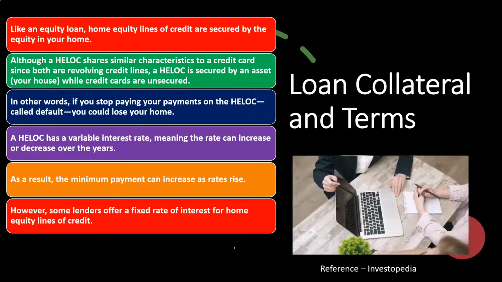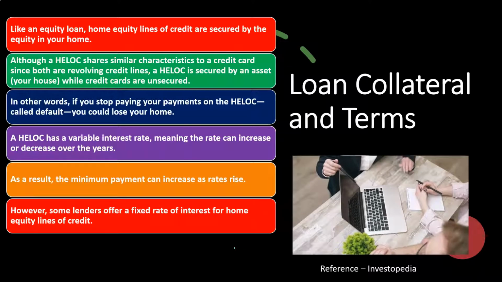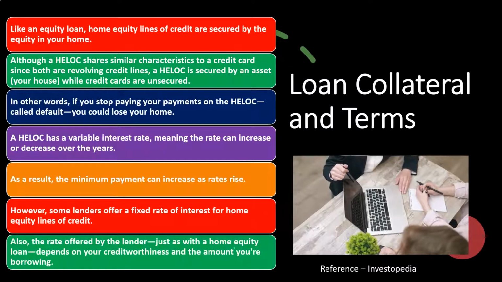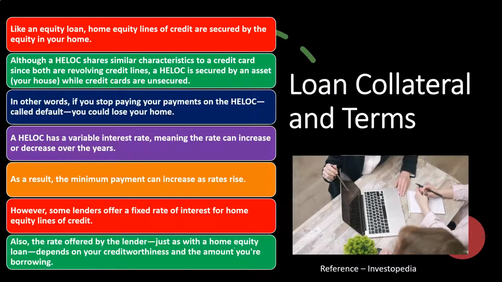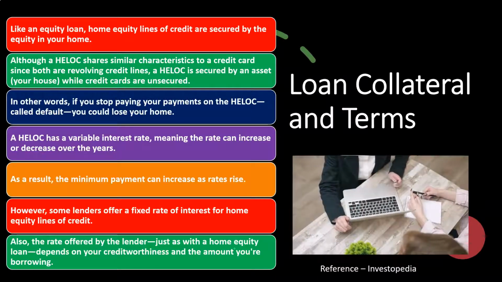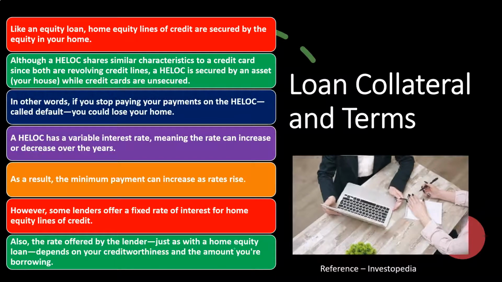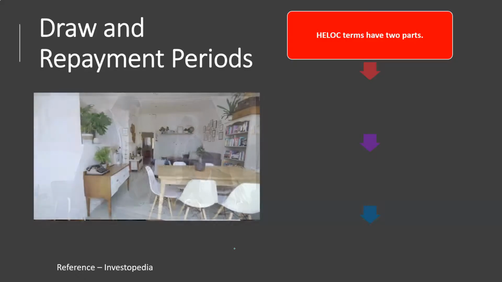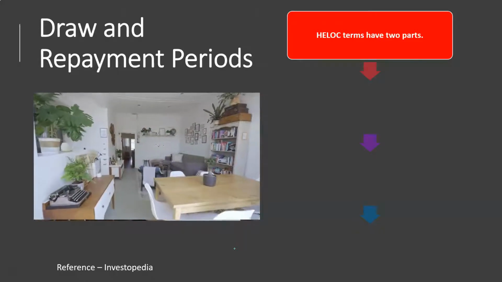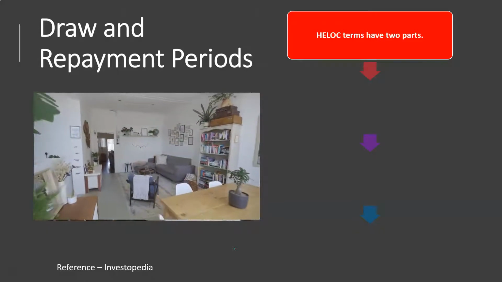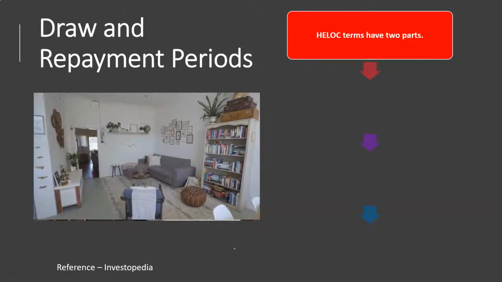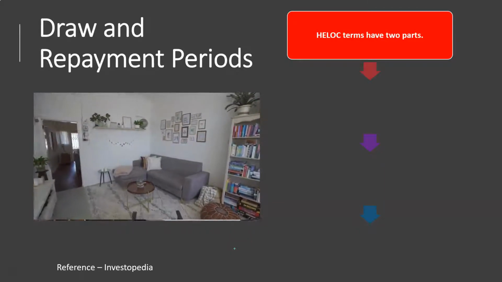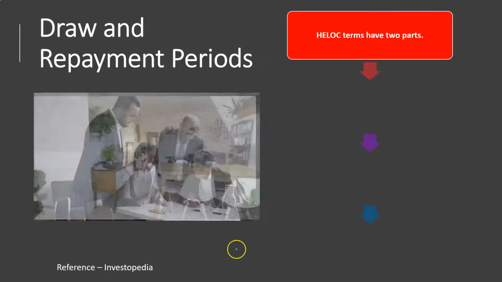However, some lenders offer a fixed rate of interest for home equity lines of credit, so you might look into that option. Also, the rate offered by the lender, just as with a home equity loan, depends on your creditworthiness and the amount you're borrowing, including any equity that might be necessary for the bank in drawing up the terms for the HELOC.